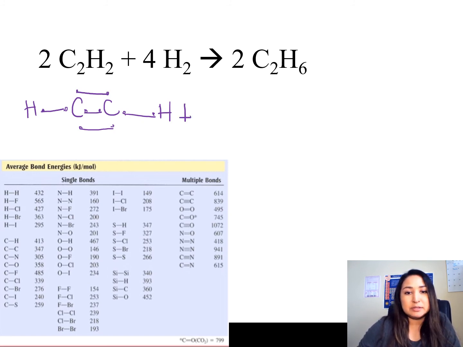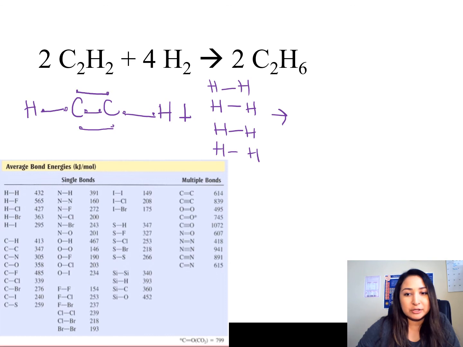Plus we have hydrogen to hydrogen, H bonded to H, and we would have 4 of those copies. And this would produce C2H6.